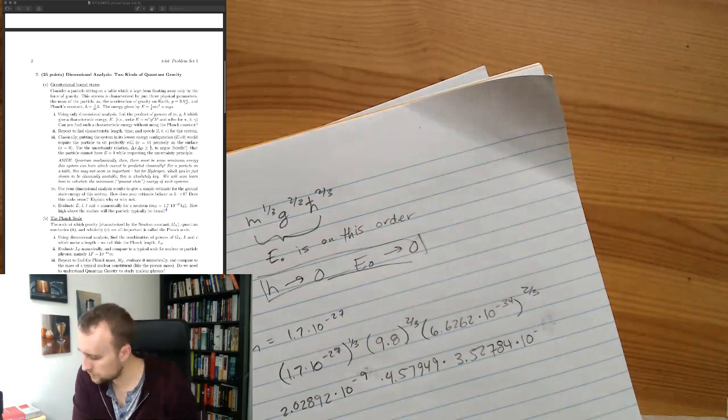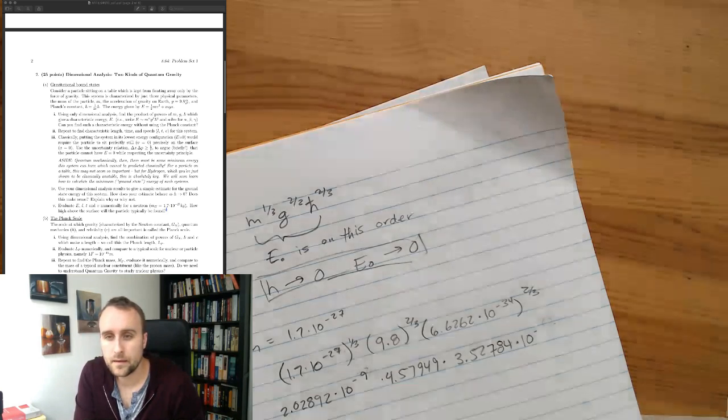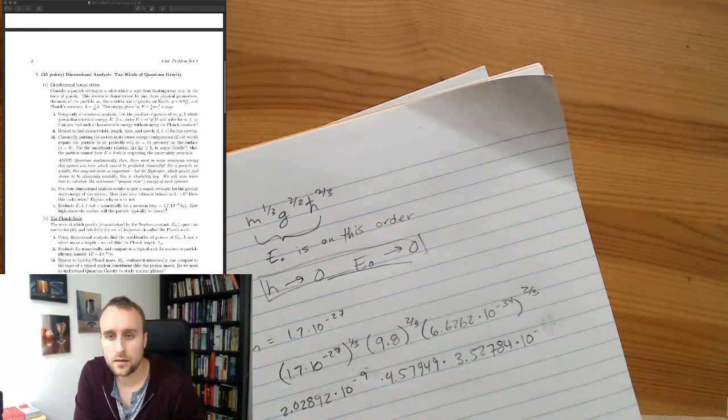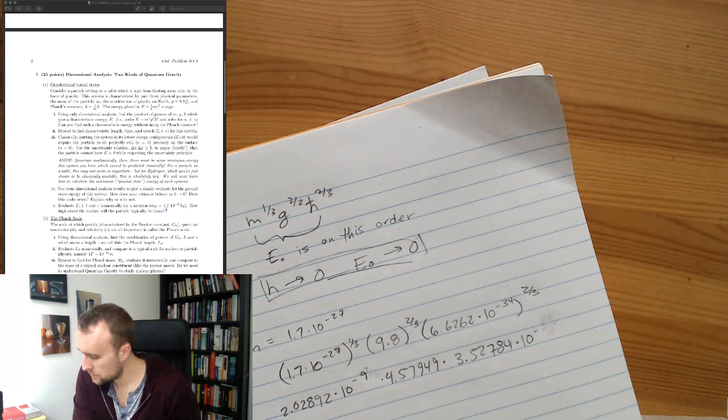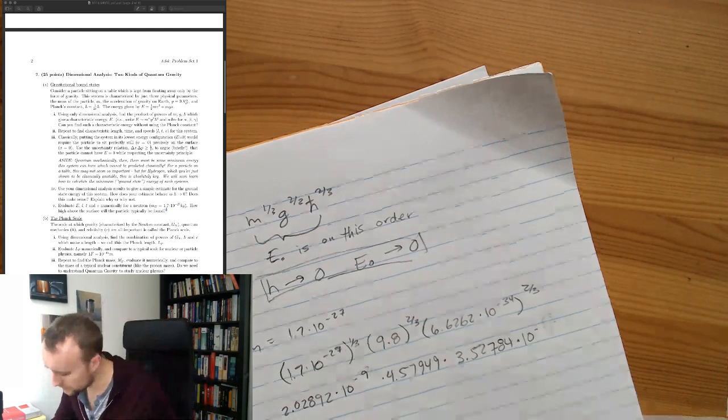Oh, what did I do wrong here? 3.5278 times 10 raised to the power. It's not working for me. I don't know why. I must be typing something wrong.